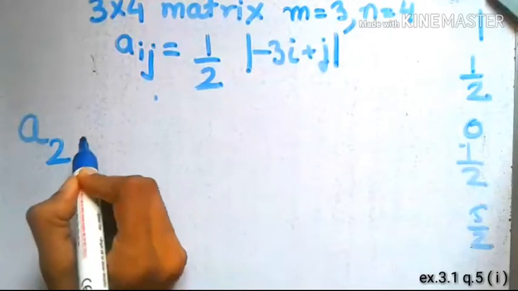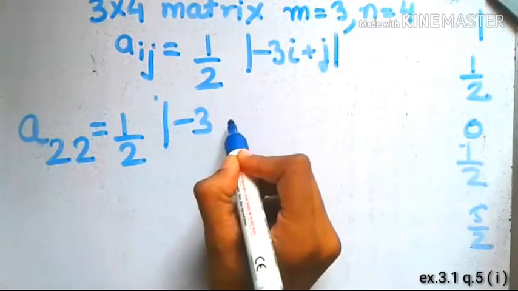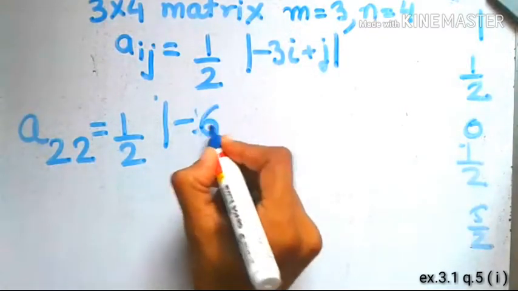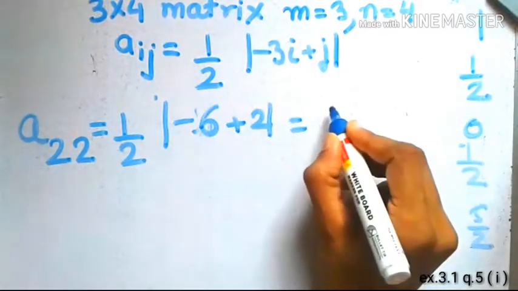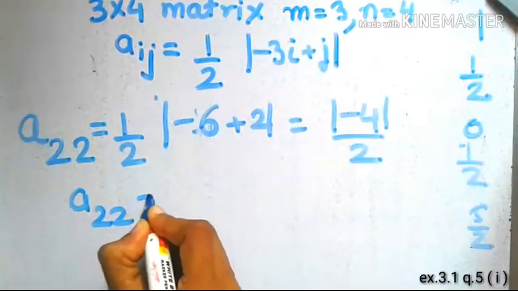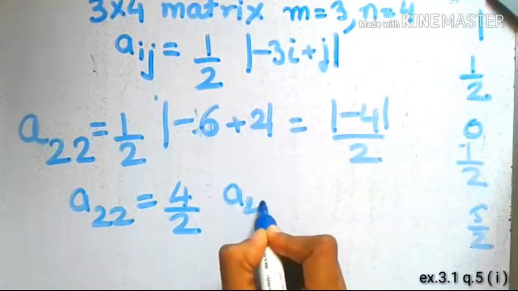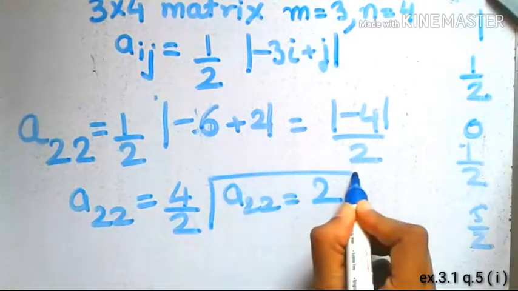The next matrix element is A22. So it will be half into minus 3 into 2, which is going to be 6 plus 2. So I'll get mod of minus 4 by 2, which means minus 4 will become plus 4. I'll get 4 by 2. So this is my A22.